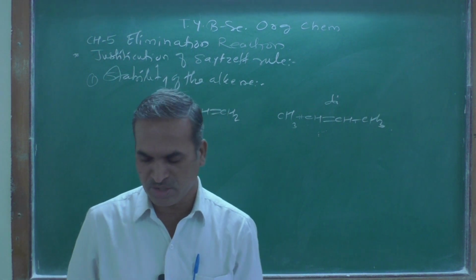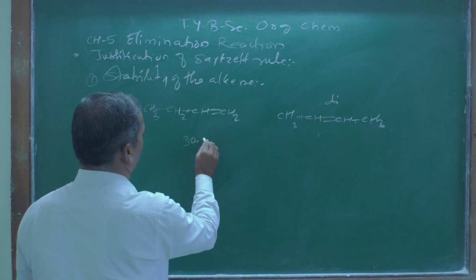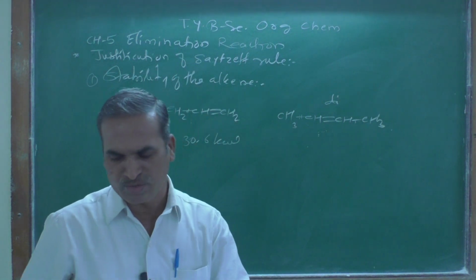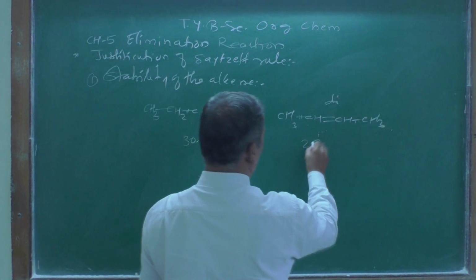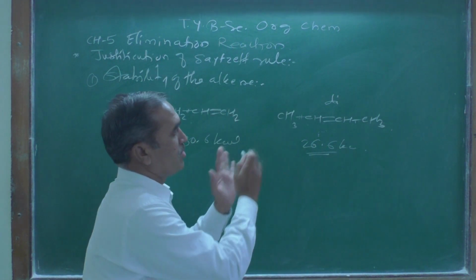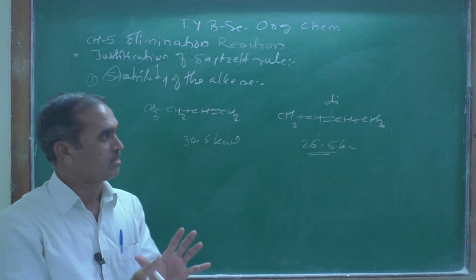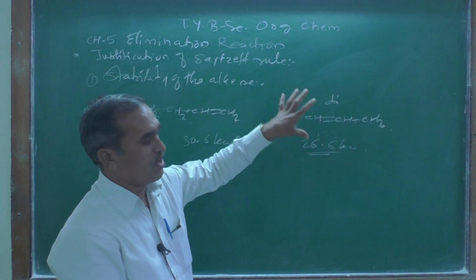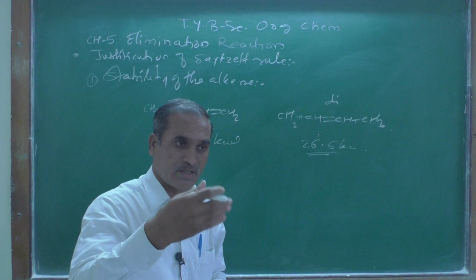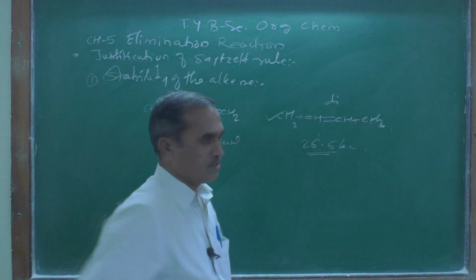The heat of hydrogenation is found to be 30.6 kilocalorie per mole for one, and this one is approximately 26.6 kilocalorie per mole. The energy is less, and just now we made a general statement that when the heat of hydrogenation energy is less, the stability of that alkene is more, and therefore this is so.